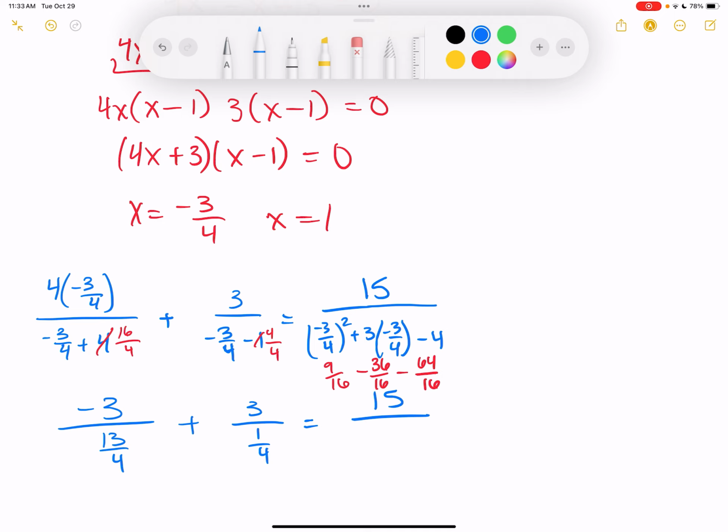It's taking too long. Negative 91 over 16. Keep, change, flip. Negative 12 over 13 plus 12 over, by itself.